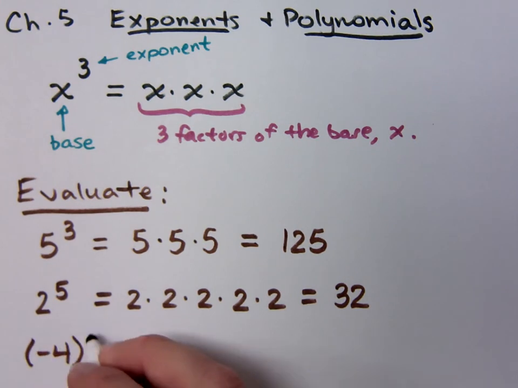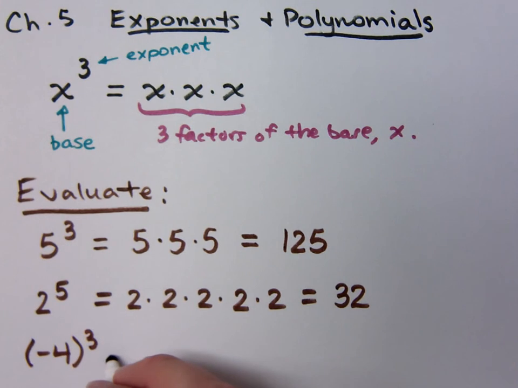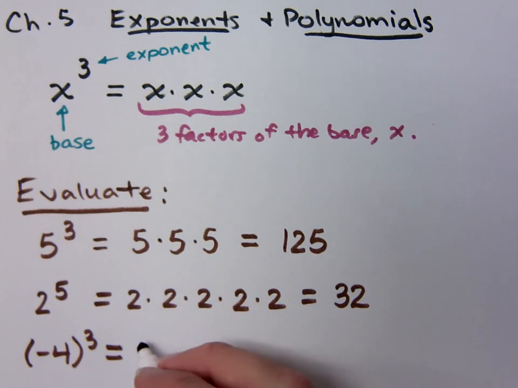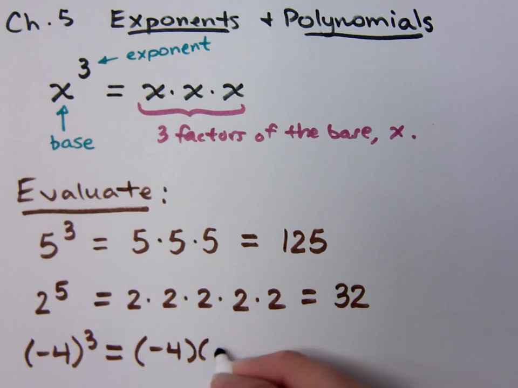Don't you like to have negatives as well? Since I'm not looking at your faces, I'm going to assume that you are all nodding your head in agreement. So if I have negative 4 to the 3rd power, there's 3 factors of my base, negative 4. So that's negative 4 times negative 4 times negative 4.